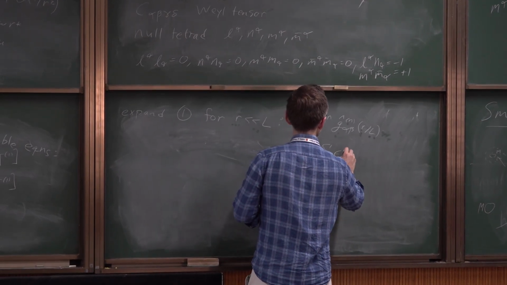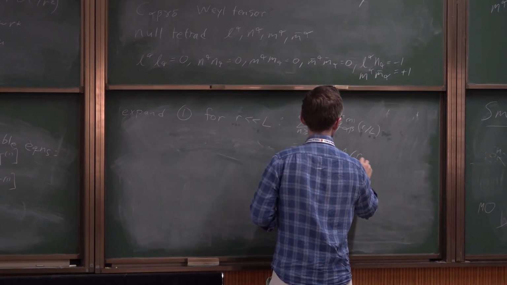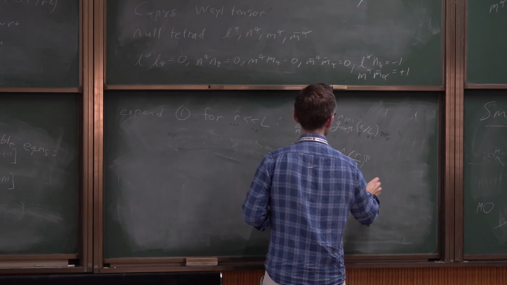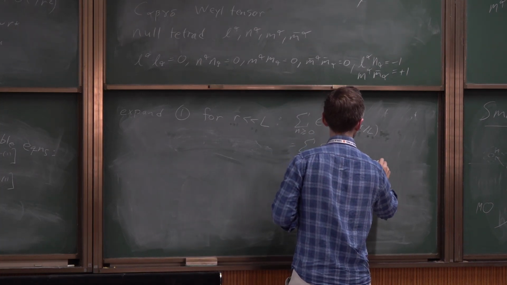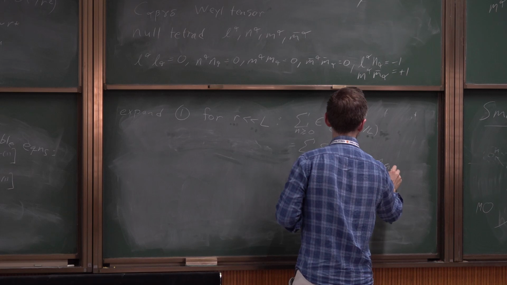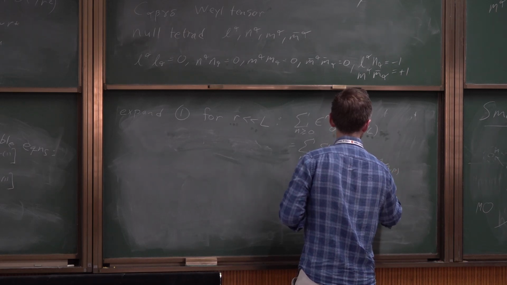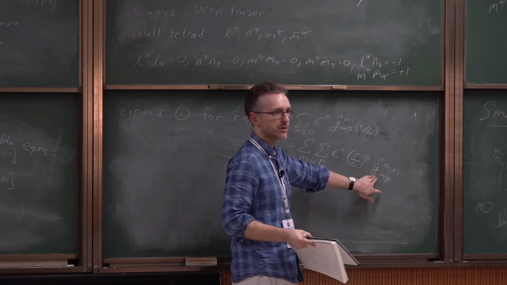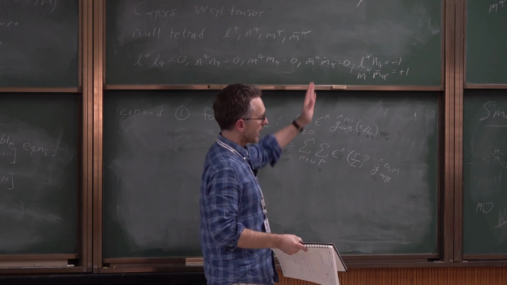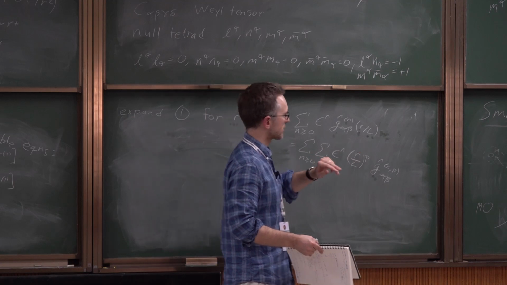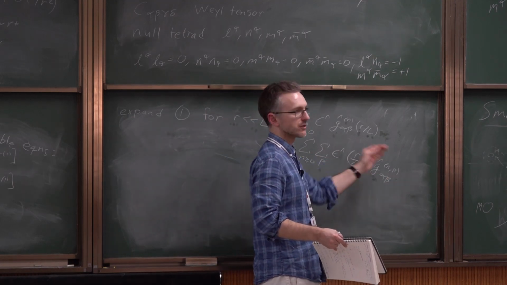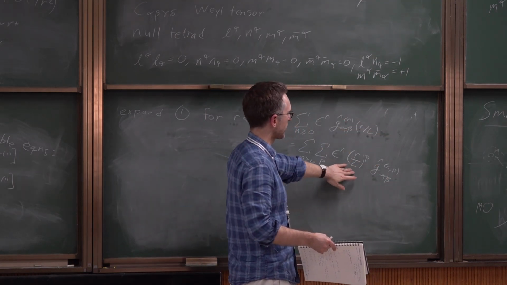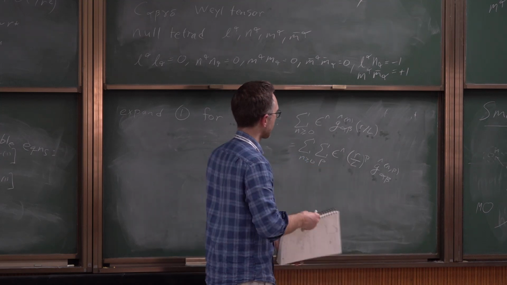So we have epsilon to the n, r over L to the p, and I'm going to call the coefficients g hat n p alpha beta. And now these only depend on local time along the path of the small body, and angles around the small body. I've removed all the r dependence into these powers.